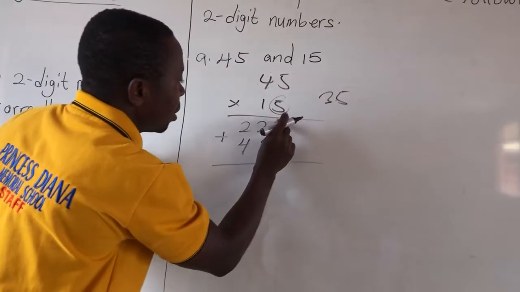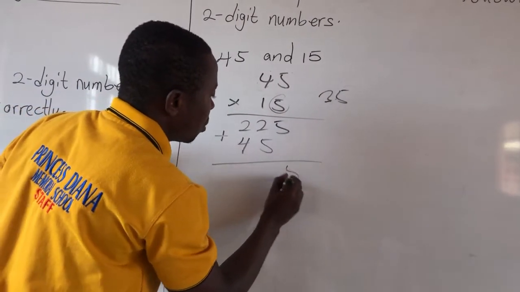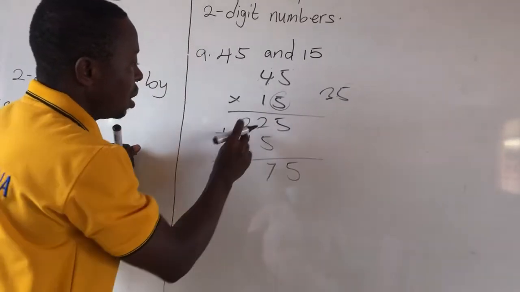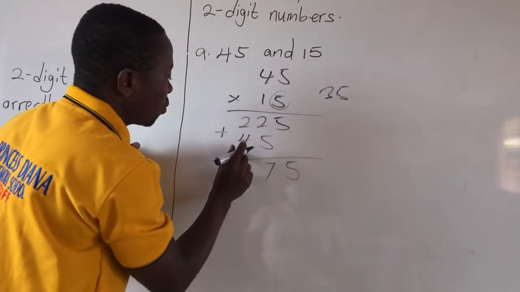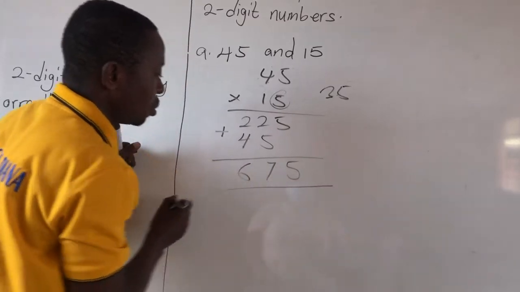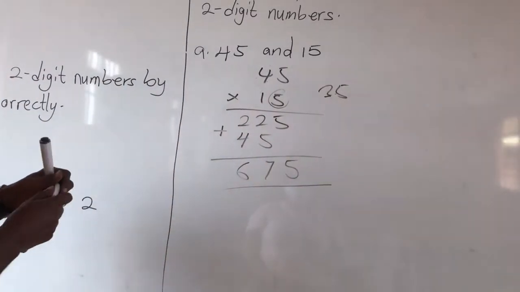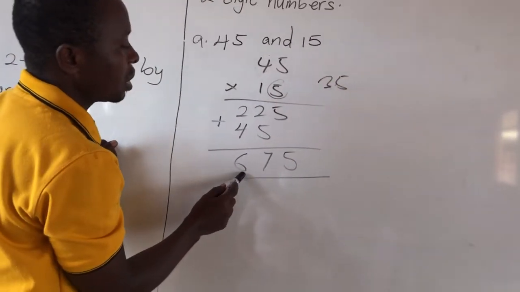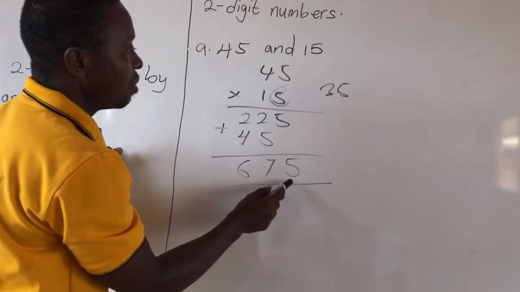So we have a 0. 5 plus 0 is 5. 2 plus 5 is 7. Then 2 plus 4 is 6. Good. So when we are asked to multiply 45 by 15, we get 675.